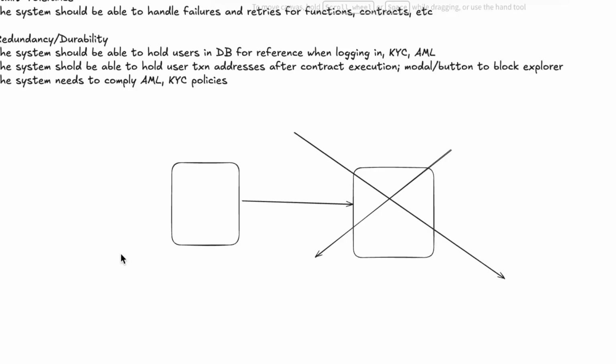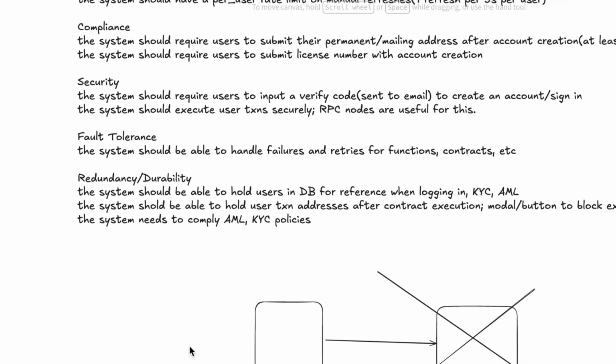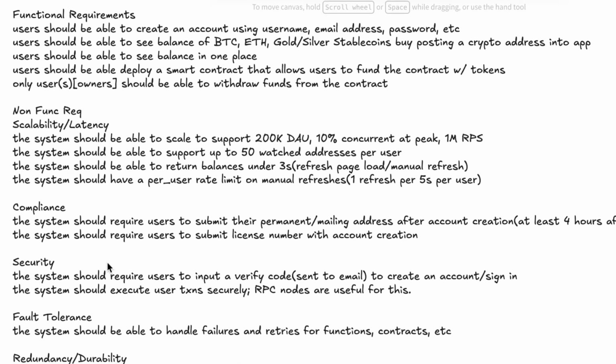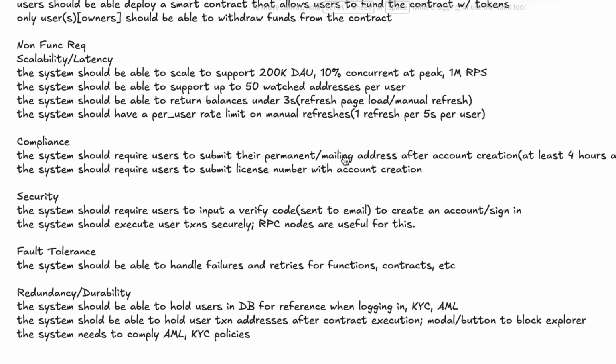Is it more important that my users have data all the time, or is it more important that that data is always consistent? For this application, thinking about some of these non-functional and functional requirements, I made the decision that this application needs to be more consistent than available.